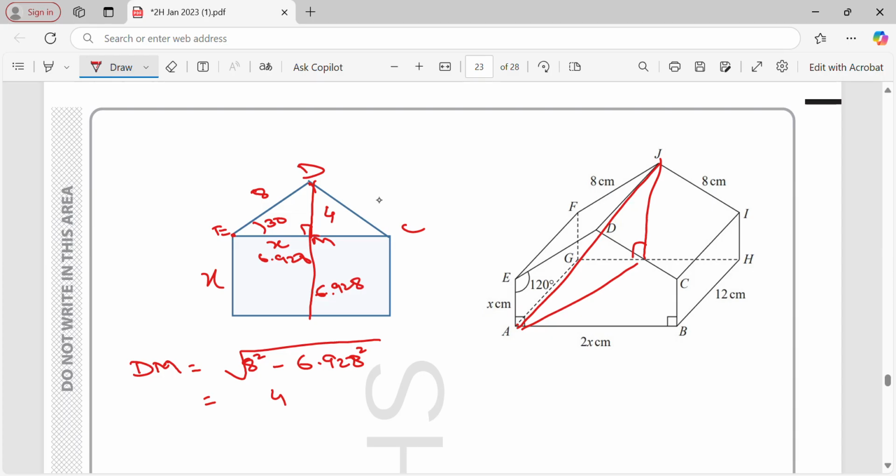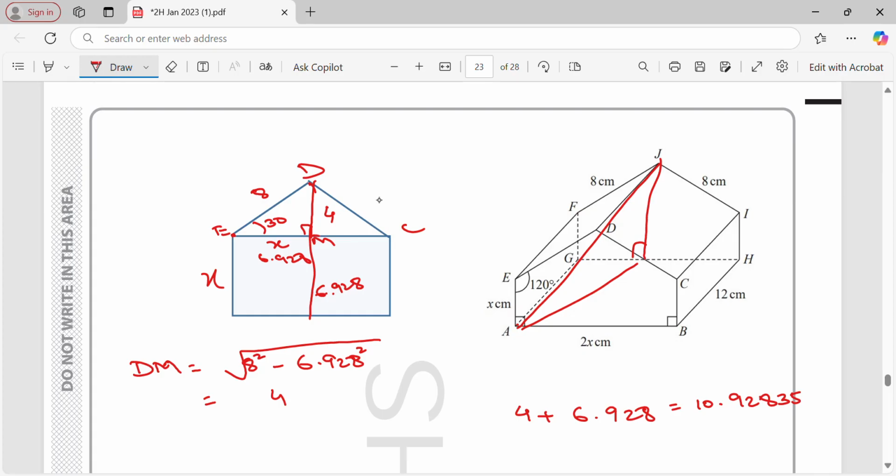If I want to know the total length, I will add both lengths. So 4 plus 6.928, and that is equal to 10.92835. I'm writing 4 to 5 decimal places to get an accurate answer.